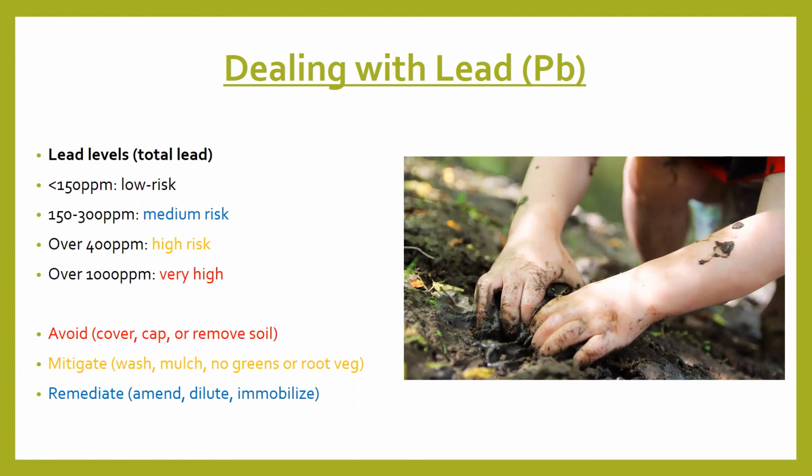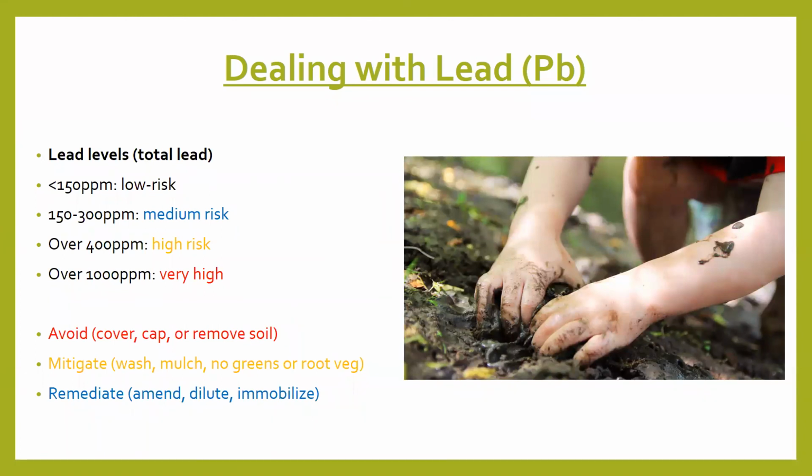When we look at lead levels, especially here in the state of Pennsylvania, if you're in California, they have slightly different standards, but these are essentially modeled on Pennsylvania Department of Environmental Protection and EPA standards. And essentially, we talk about lead, like many nutrients, in parts per million. So out of a million parts, what is the composition of lead?